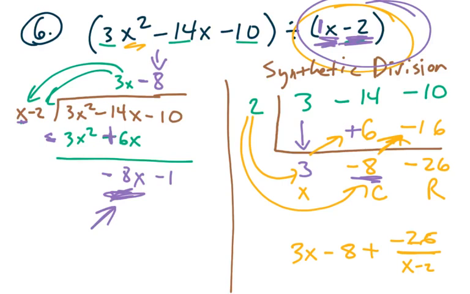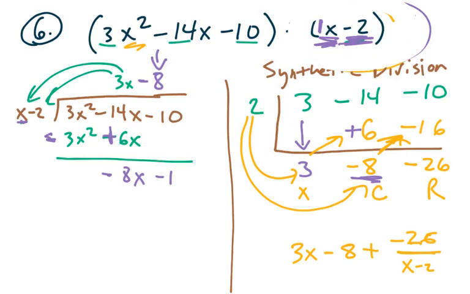But what I want you to see here is that synthetic is long division, just cutting out the excess part, but it only works if this is linear. Okay, so let's finish this up.